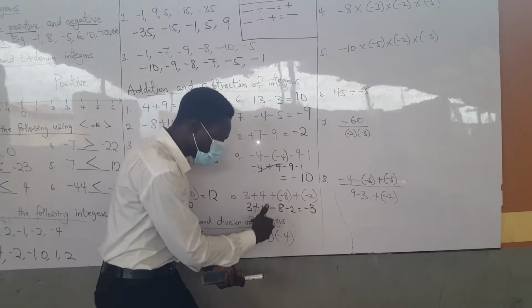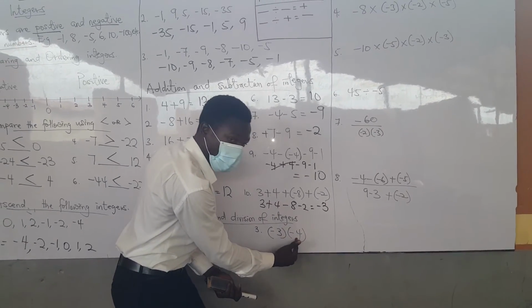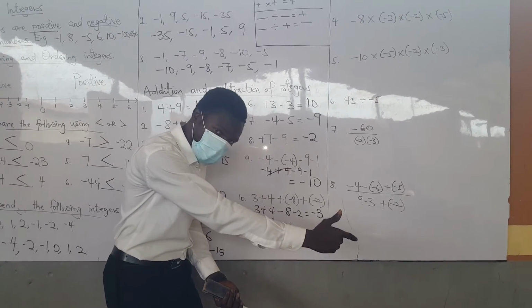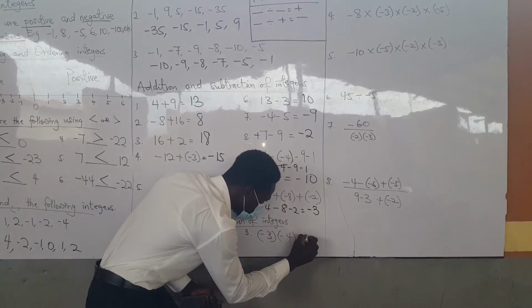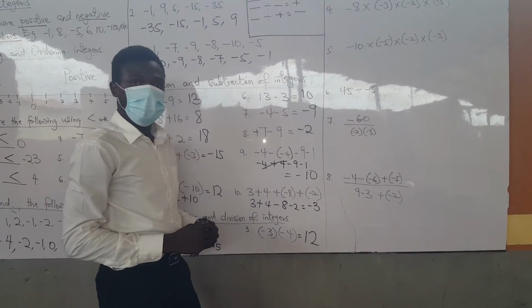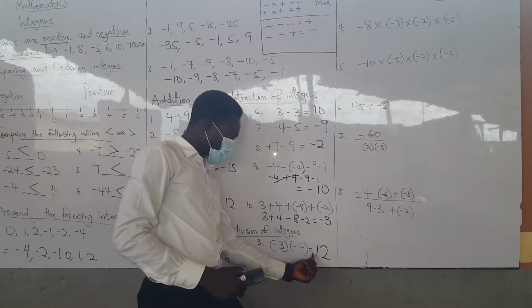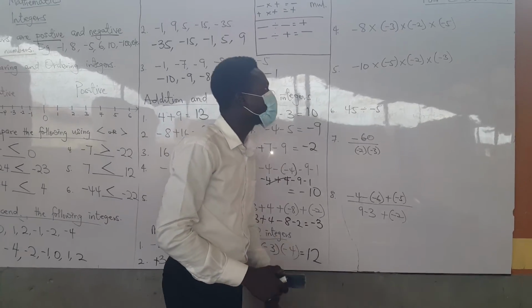So since both are inner, we are just going to multiply this times this. Negative times negative is positive, and 3 times 4 is going to give me 12. Because negative times negative is positive, the positive sign is unwritten, just as we were told.